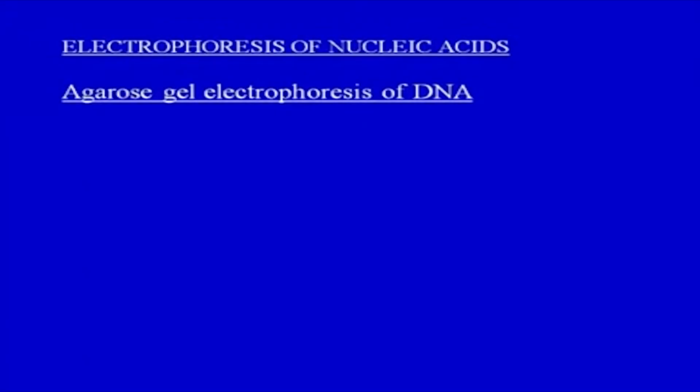Now, nucleic acids could be separated by both polyacrylamide gel electrophoresis and agarose gel electrophoresis. Agarose gel electrophoresis is a commonly used method to separate nucleic acids, and polyacrylamide gel, as we have discussed in previous lectures, is utilized for the smaller fragments of DNA, or small sized DNA is analyzed on polyacrylamide gels.